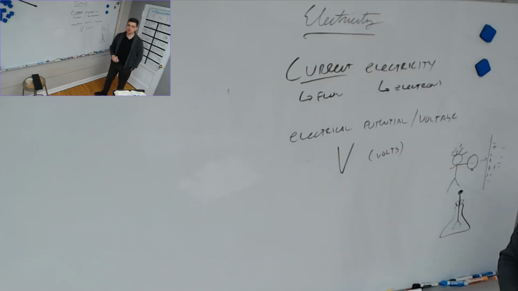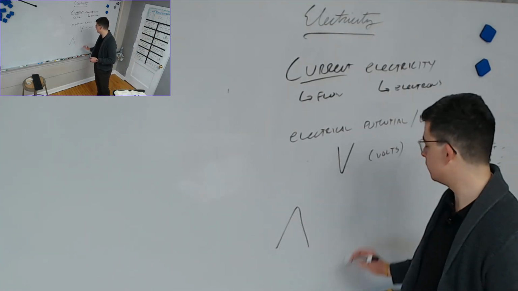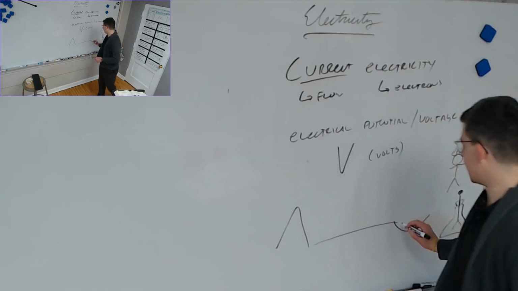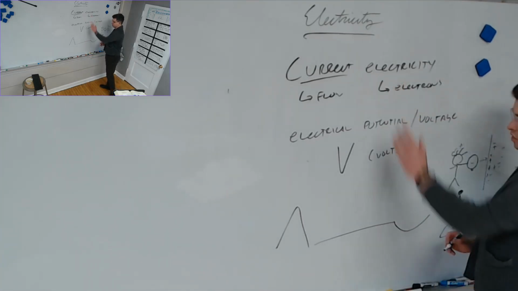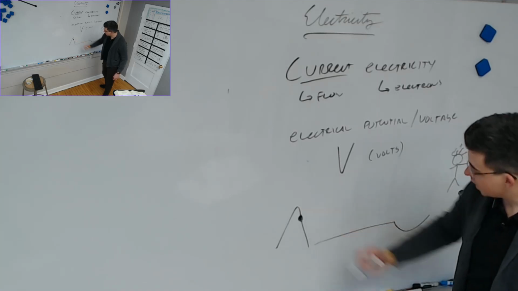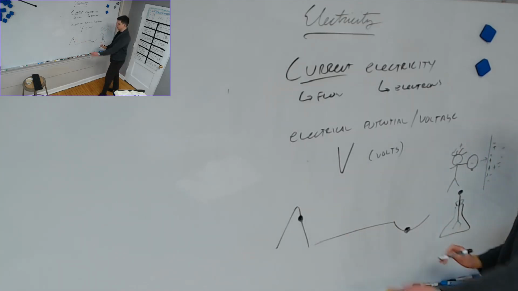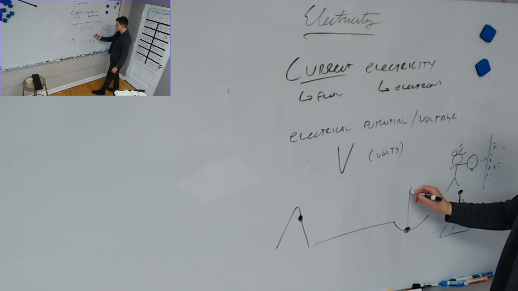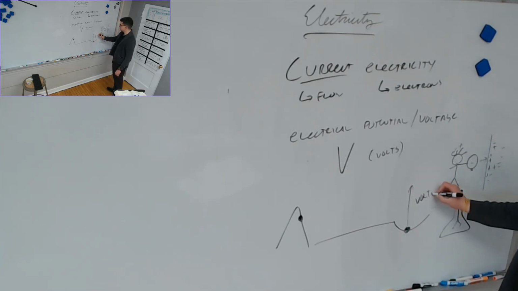In the very classic analogy, voltage is like the difference in height of a river. We often liken current electricity to the flow of water. So if water starts out up here and it ends up down here, the difference in these two heights is like the voltage.